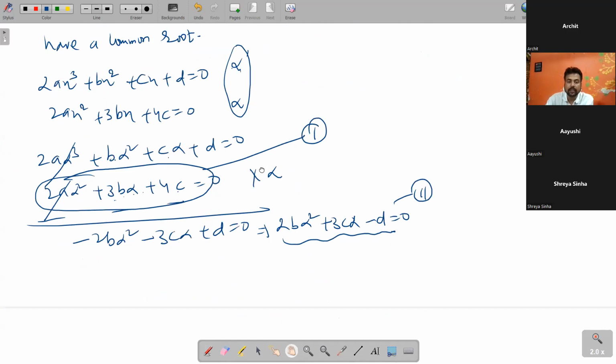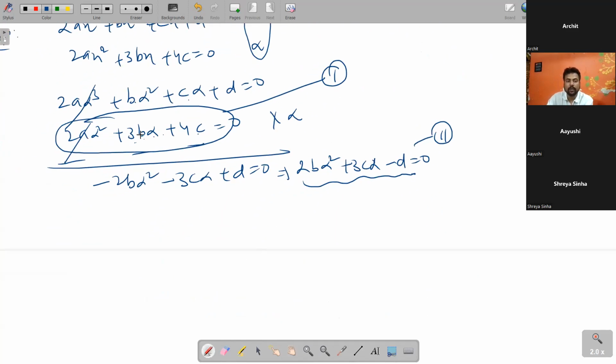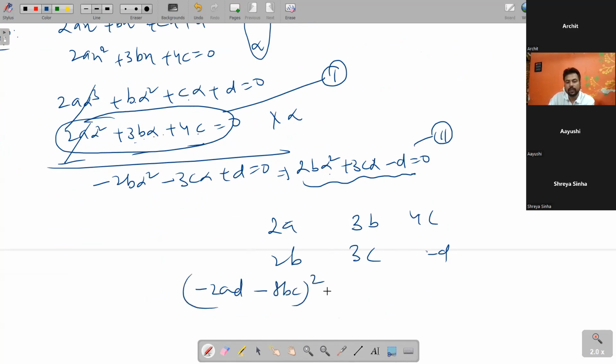Now you apply the condition of one common root. For this, the coefficients are 2a, 3b, 4c, and for this, 2b, 3c and minus d. Cross multiplying, that is minus 2ad minus 8bc whole square equals 2a into 3c, that is 6ac minus 6b square, and then 3b into minus 3bd minus 12c square.